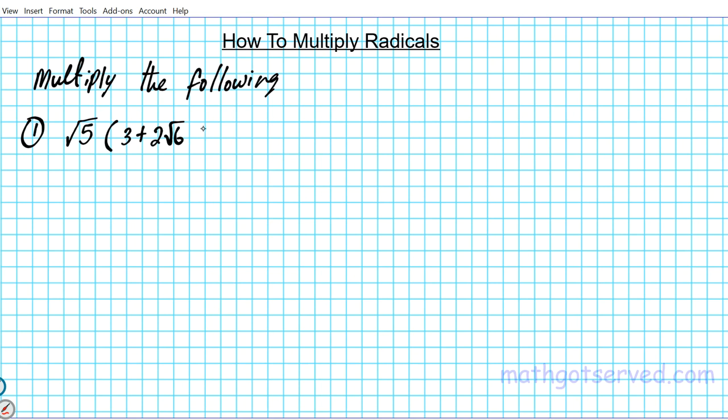So how do we multiply a situation like this? The square root of 5 times 3 plus 2 root 6.